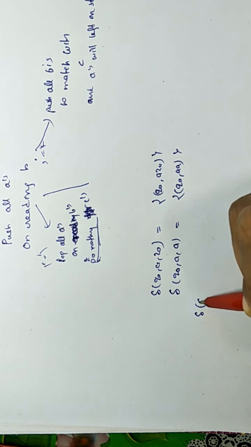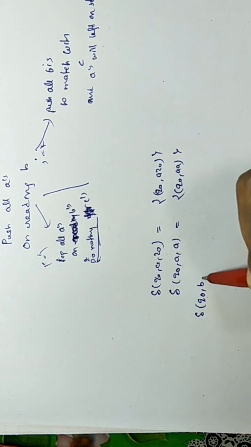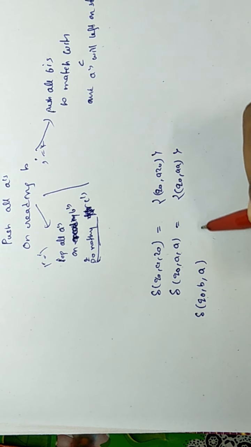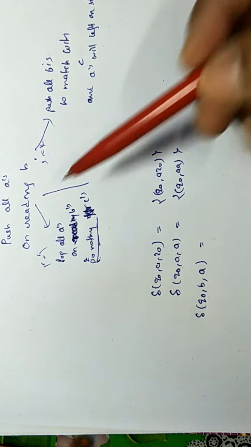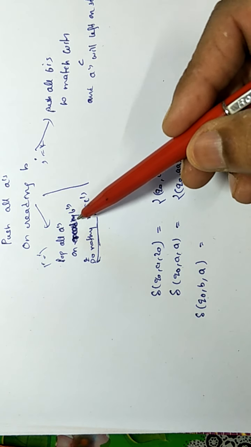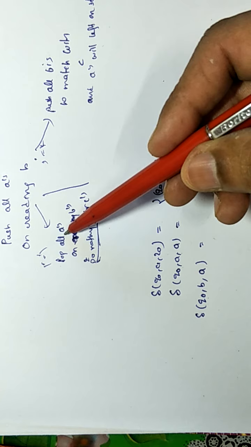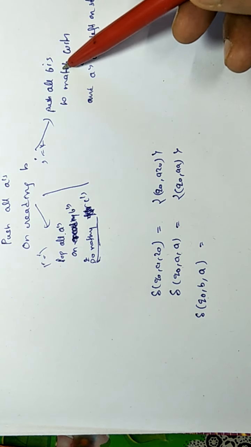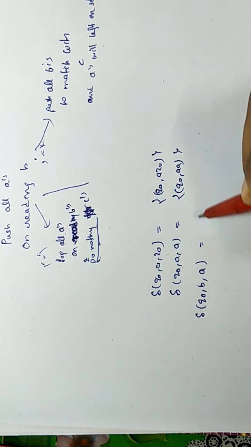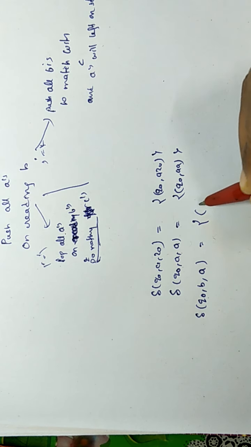Now I am going to read b, and a is on the top of the stack, and I have to make a choice: on reading b I pop a, or on reading b I push b to match with c. So here we have two choices.